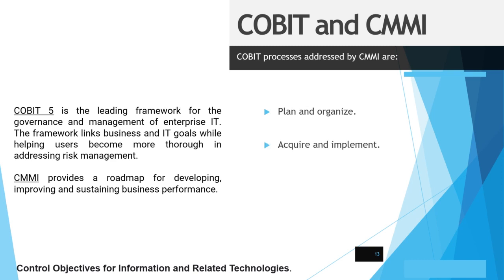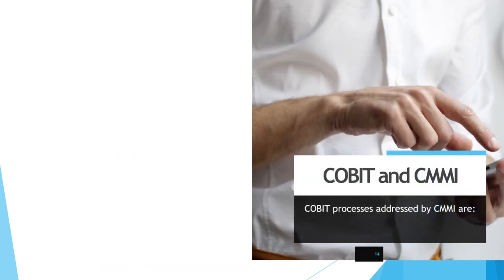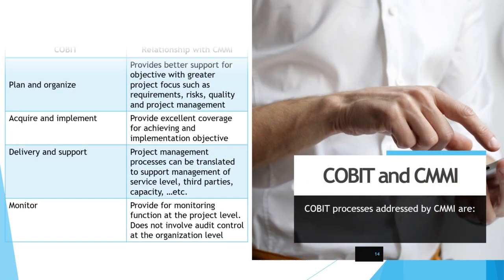Plan and organize, acquire and implement, deliver and support, monitor. The COBIT processes addressed by CMMI are, COBIT for plan and organize, relationship with CMMI provides better support for objectives with a greater project focus such as requirements, risk, quality, and project management.